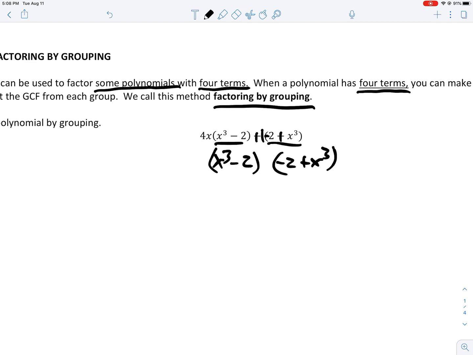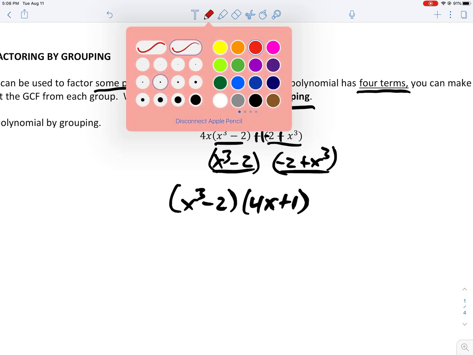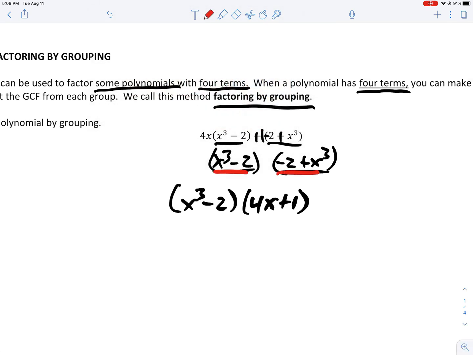Those are exactly the same, so I can factor that out, and what would be left would be the 4x plus 1. By factoring out a negative and changing the signs in the second grouping symbol, I had an actual common factor. The key is understanding that your common factors when factoring by grouping are going to be binomials. That's extremely different. We haven't seen anything like that.